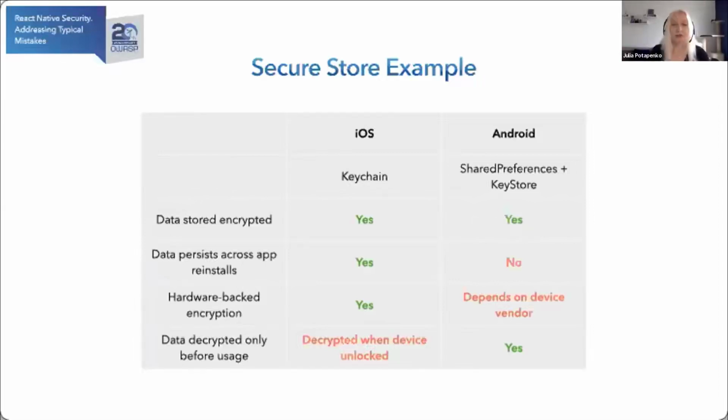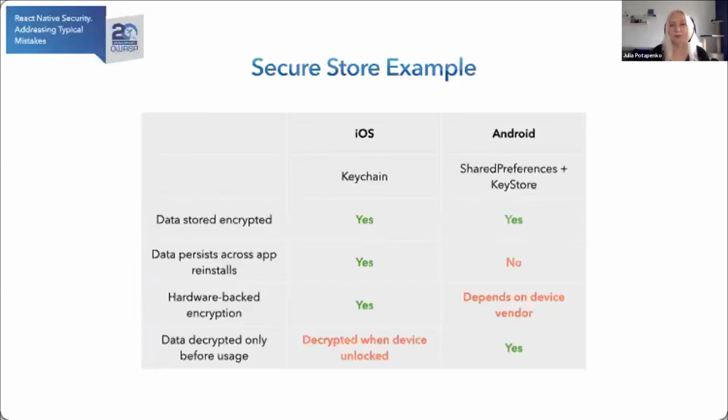Then for iOS, we have hardware-backed encryption starting from iPhone 5S, which was released several years ago. And for Android, there are still devices that do not have hardware-backed encryption, and probably you don't want to run your application on such devices.